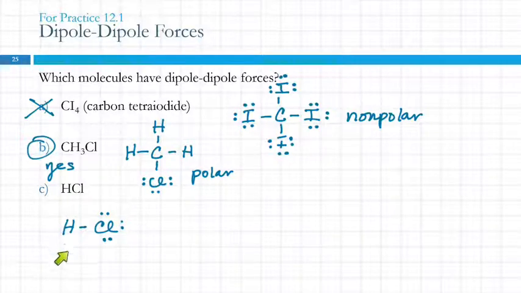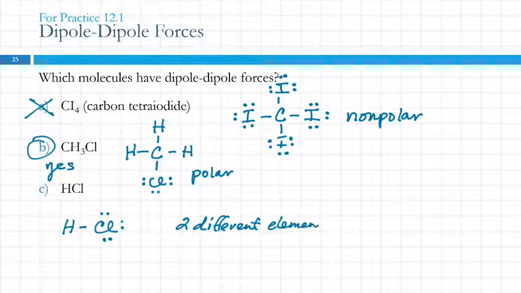Is this bond polar? Well, how do we determine that without pulling out a table and looking up electronegativities? Most of the time, if you've got 2 different elements bonded, it's usually polar.